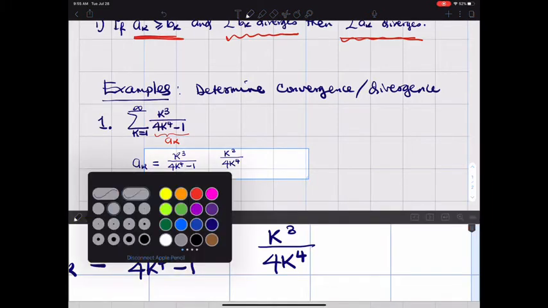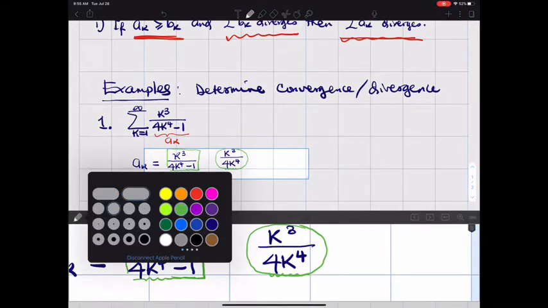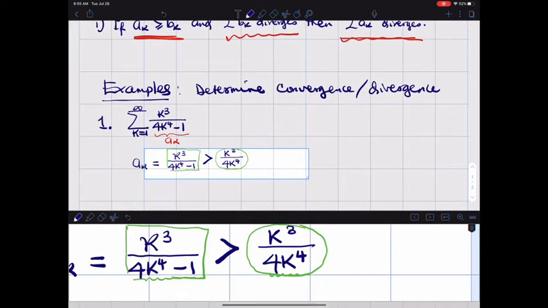So why am I comparing it? This particular denominator is smaller than this denominator. So that means this whole fraction is going to be larger than this fraction. So this a_k is larger than k to the power of 3 over 4k to the power of 4.